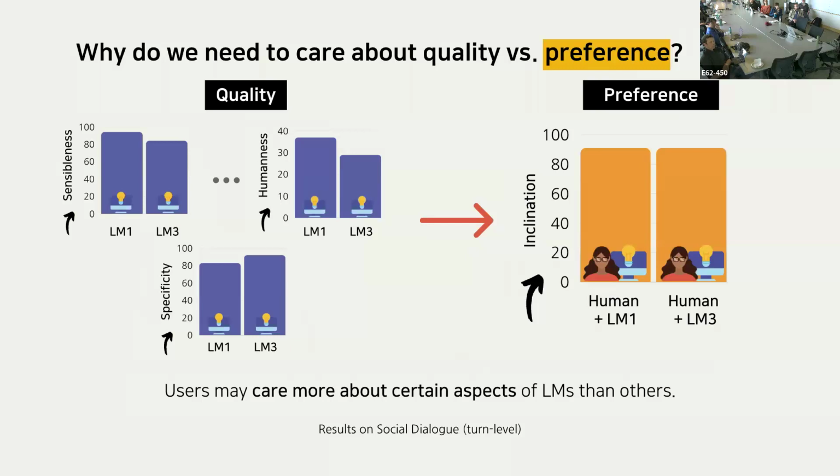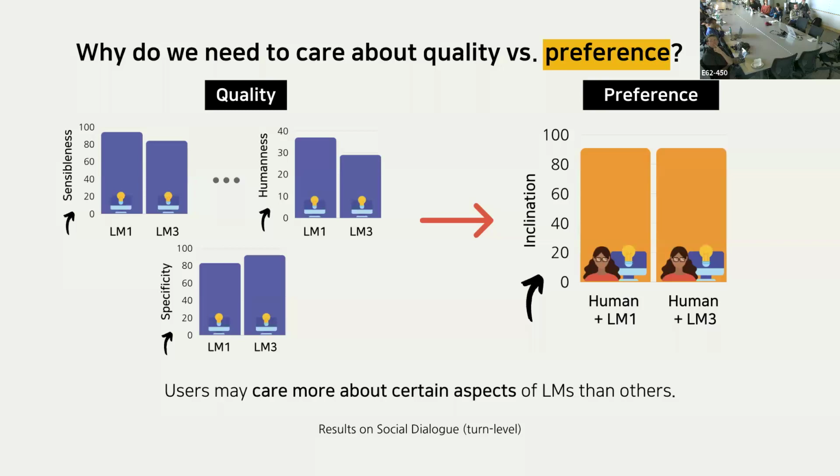Why do we need to care about preference as opposed to quality, or in addition to quality? We usually have a set of metrics that we care about, and here the example is social dialogue. There are tens of metrics that a lot of people use, like fluency, sensibleness, humanness, and so on. Then there's also specificity, like how specific the model utterances are with respect to what you've said before.